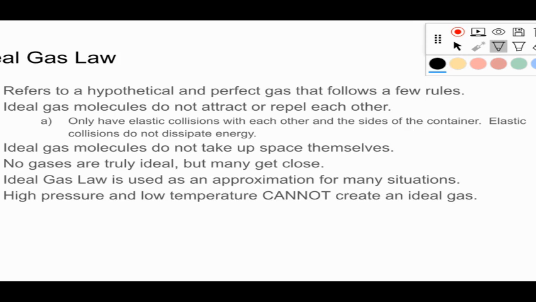Our approximation is always going to be higher than what we can achieve because real gases do normal stuff like dissipate some energy, take up space, and have some attraction and repulsion within them. High pressure and low temperature cannot create an ideal gas, and we'll talk about that in another lesson.